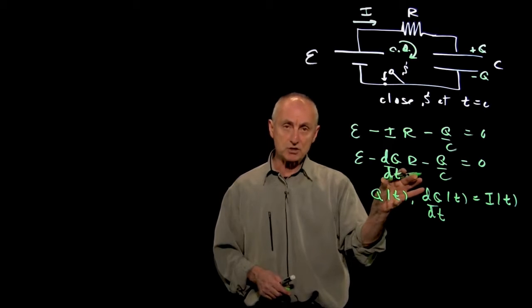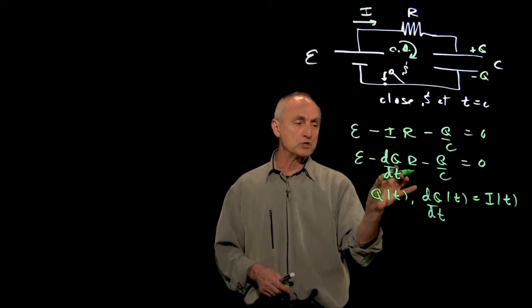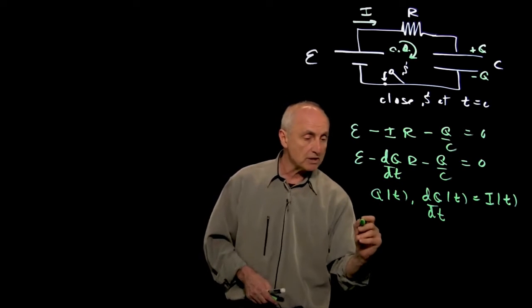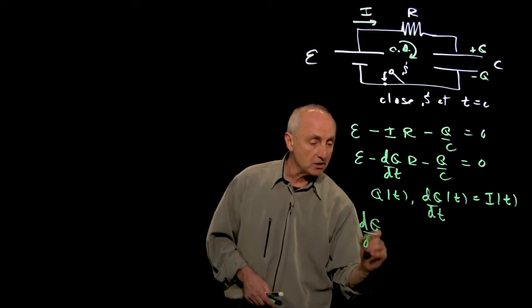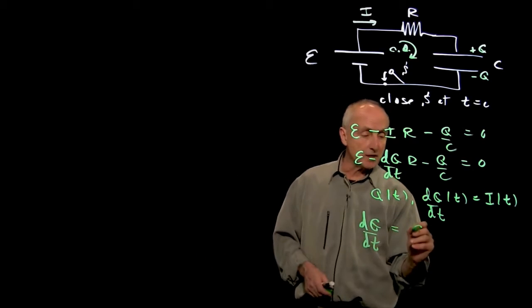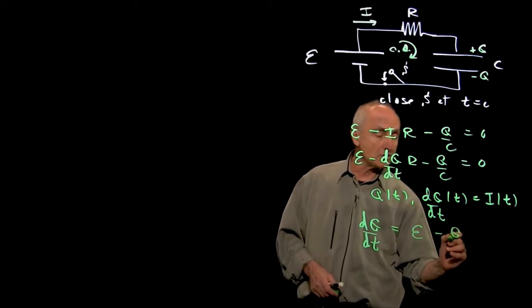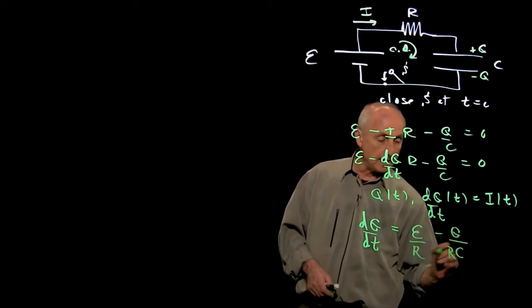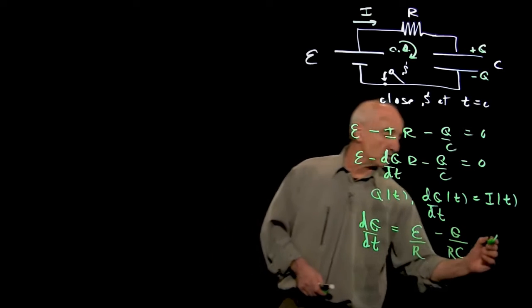Now, for these linear equations, there's something we can always do, which is separate the rate of change dQ/dt. So let's write this equation as dQ/dt equals, bringing this to the other side, E minus Q over C, divided by R. This is our starting place.